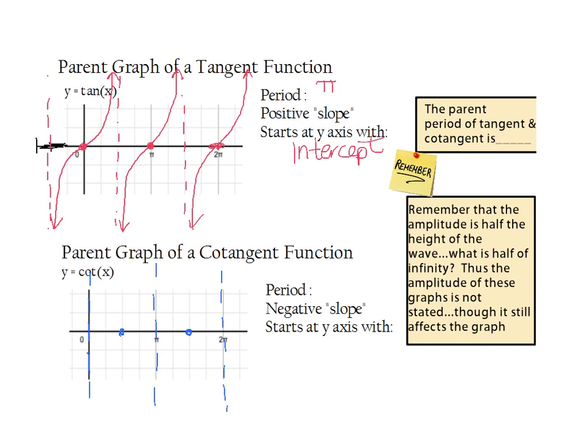And the waves actually all go the other direction. It still looks like a wave, but it goes more with what seems to look like a negative slope. The period, you can notice, is still going to be pi units, has that negative slope, and on this one, rather than starting with an intercept, it starts with an asymptote.